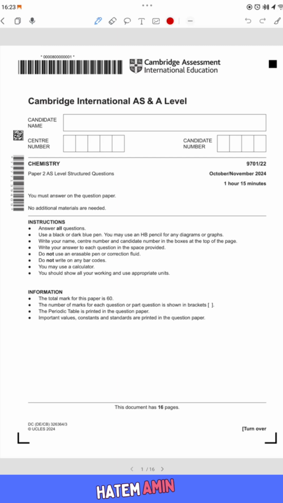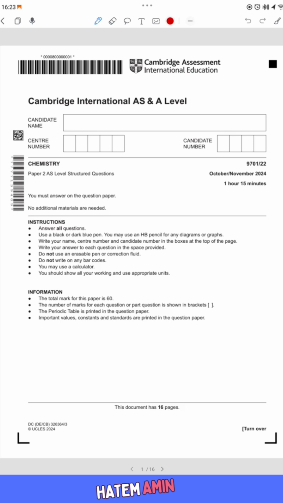As we know, dear candidates, this paper is very important, the core of the AS level chemistry exam, as it is composed of structural questions and you can collect marks from it.